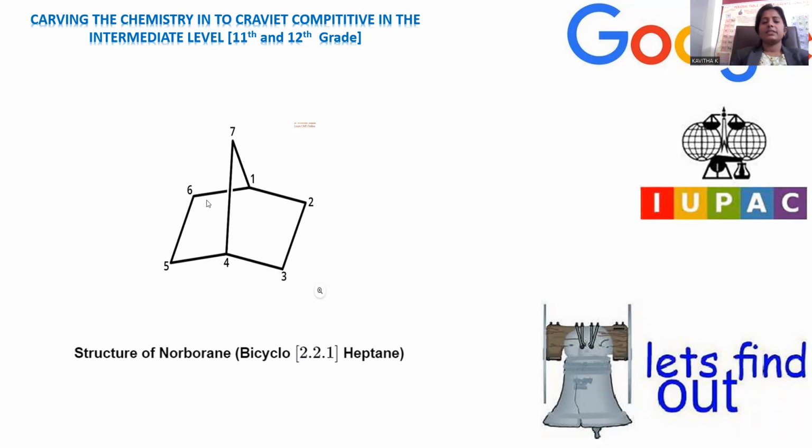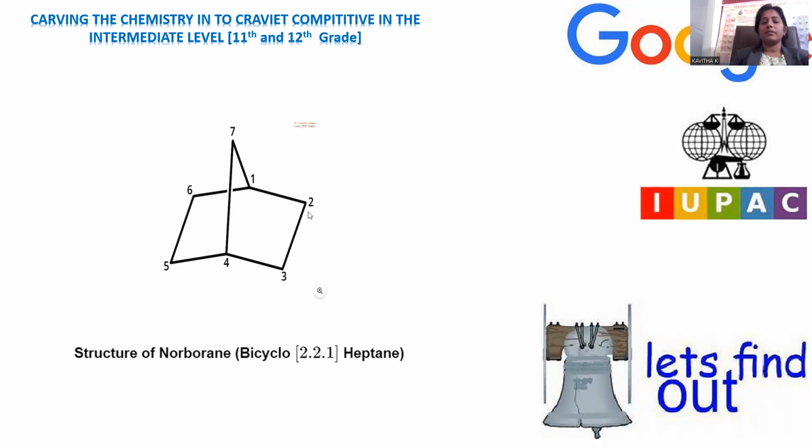Whenever a bicyclic system is taken into consideration, these carbon counts are written in square brackets, right? 2, 2, 1. So being a bicyclic system, bicyclo is there, and 2, 2, 1 is mentioned over here. Later on, total carbons are to be counted.